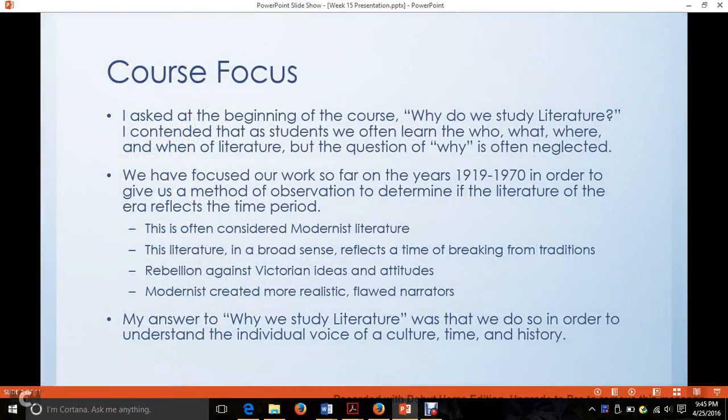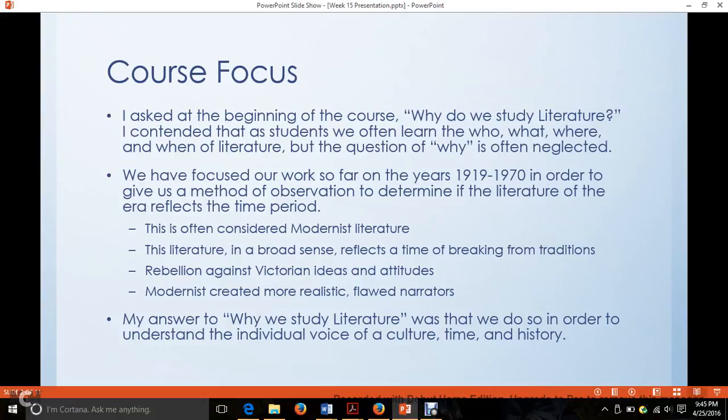So, as you may recall, from the very first week of class, I asked at the beginning of the course, why do we study literature? And I contended that as students, we often learn the who, what, where, and when of literature.